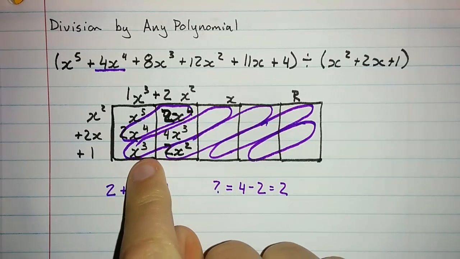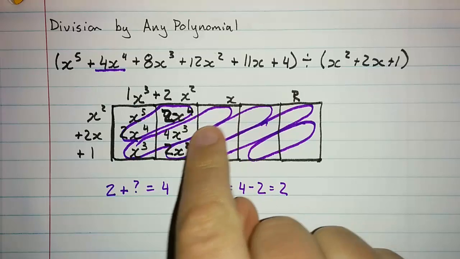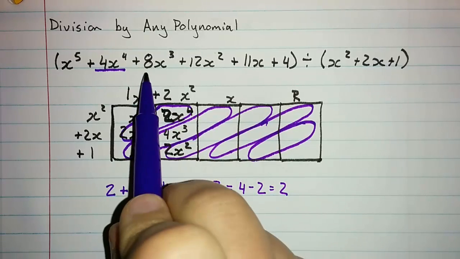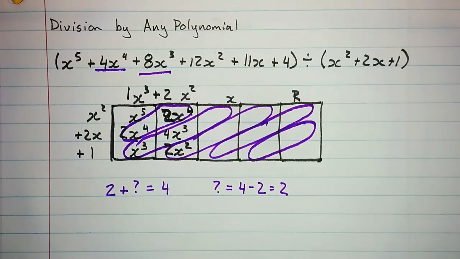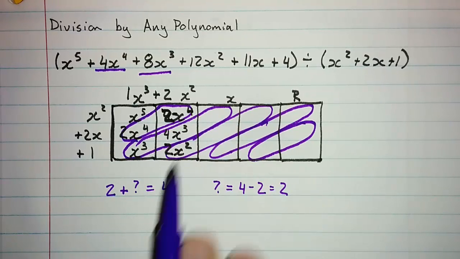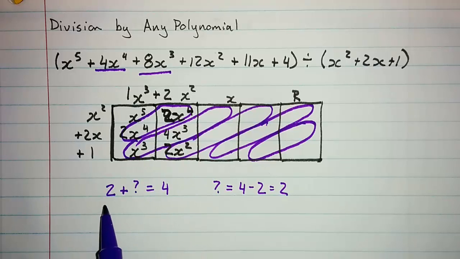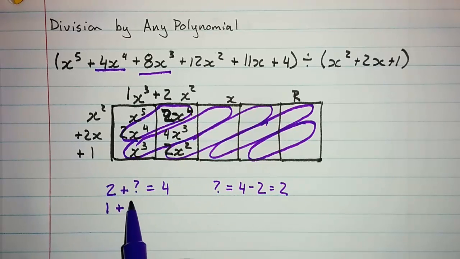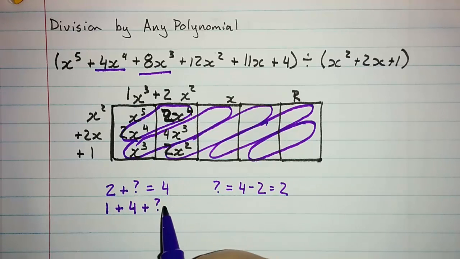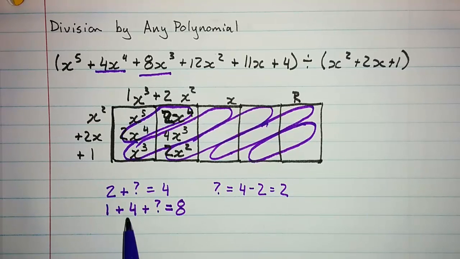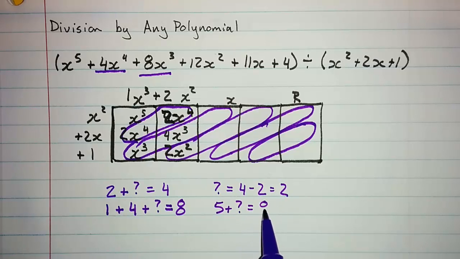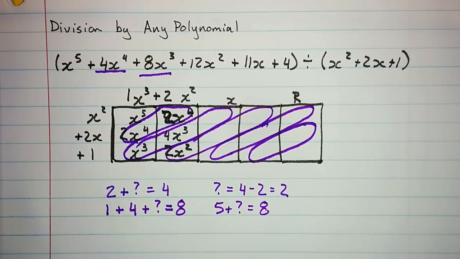Now, notice, for my x cubed term, I have 3 boxes along this diagonal, but 2 of them are already filled in. I have a 1 plus a 4 plus an unknown coefficient is going to give me 8, while 1 plus 4 is 5. 5 plus what gives me 8?